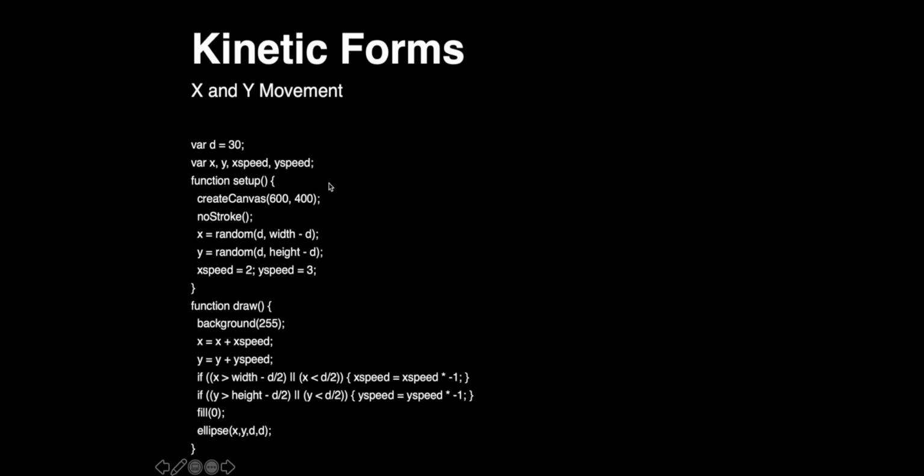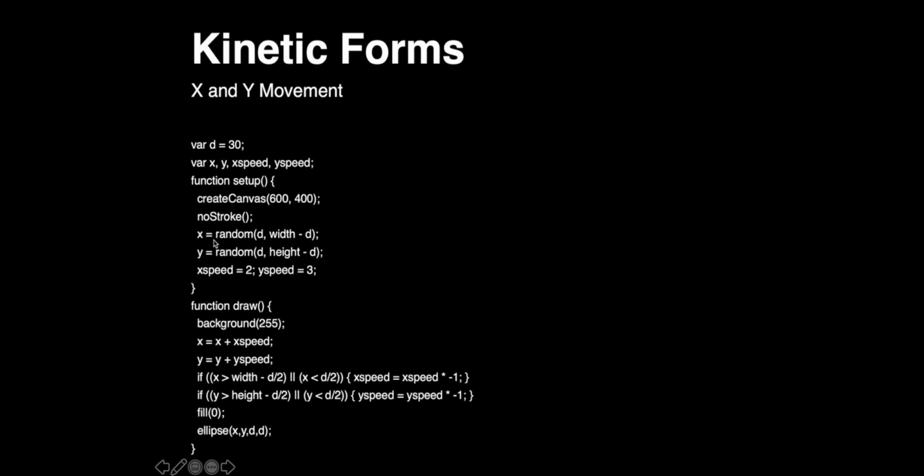So we have our variables at the top. We have d for the diameter of our, in this case, ellipse. We have a variable for x and y for the positions, and then an x speed and a y speed for the speed that we're going to go on the x axis and the speed we're going to go on the y axis.